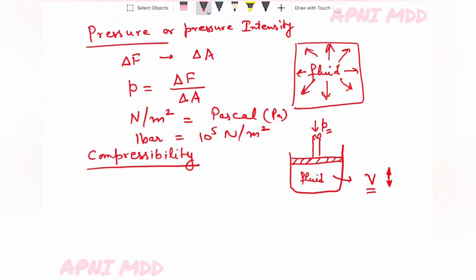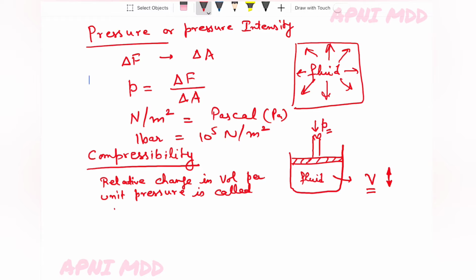So you can say that the relative change in volume per unit pressure is called compressibility or coefficient of compressibility.